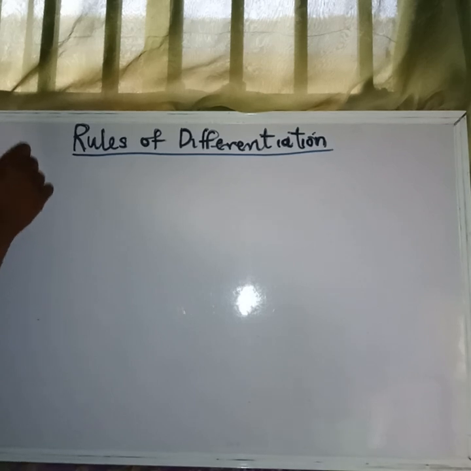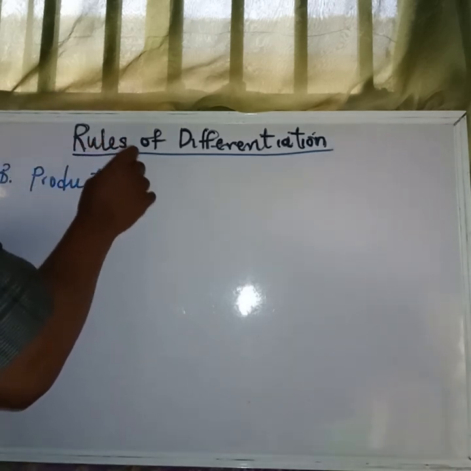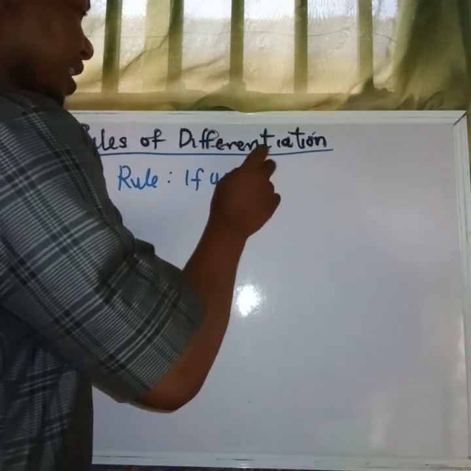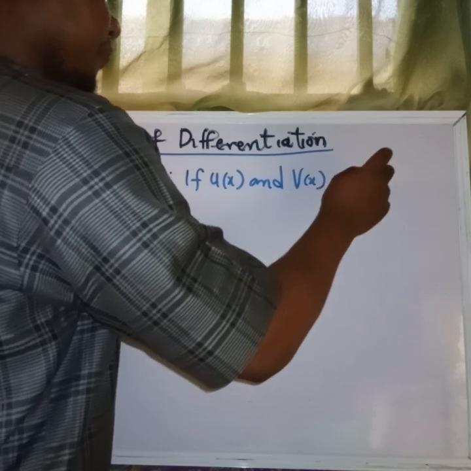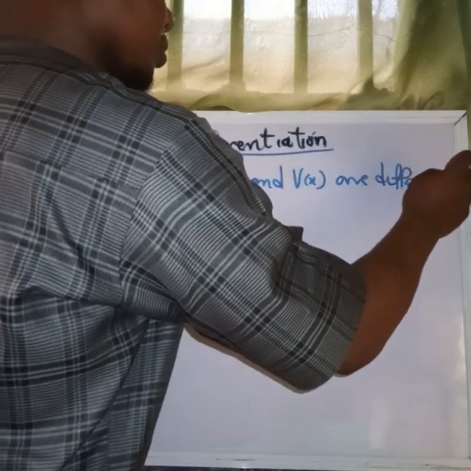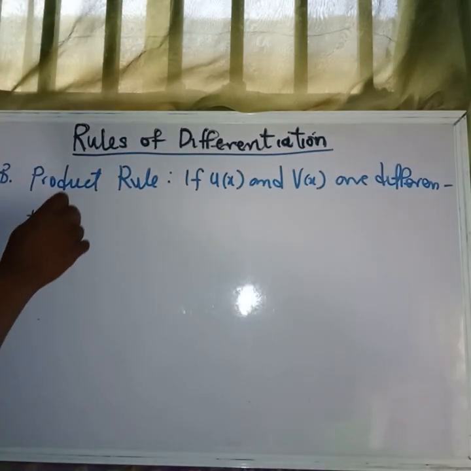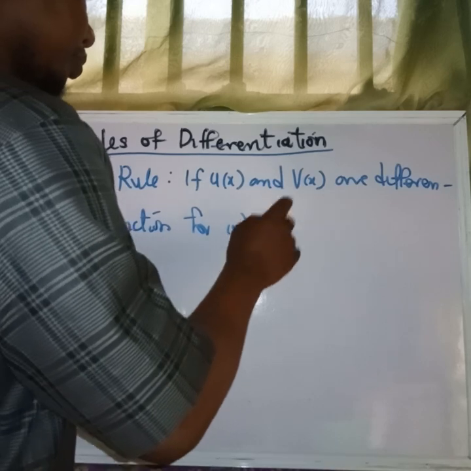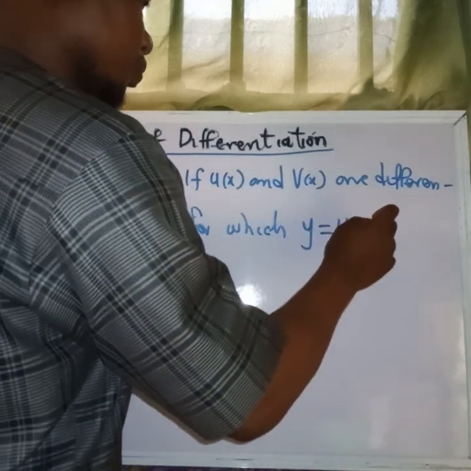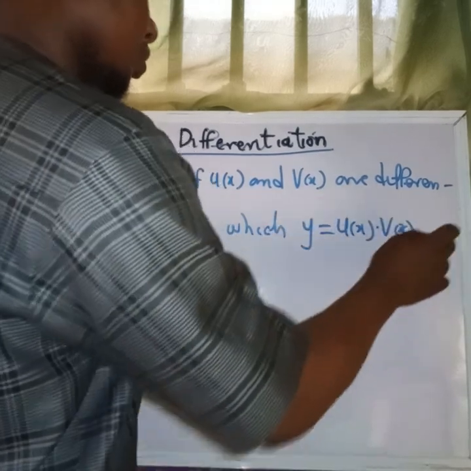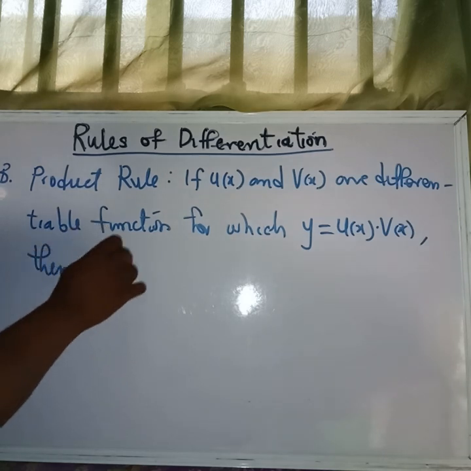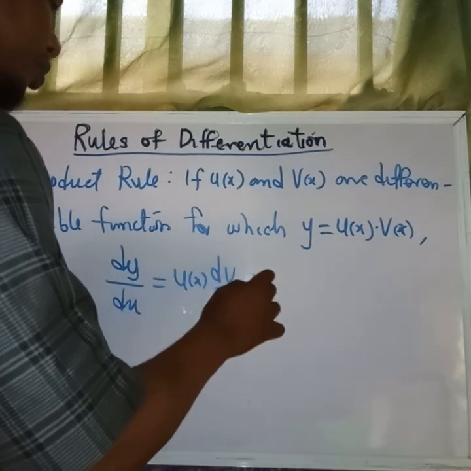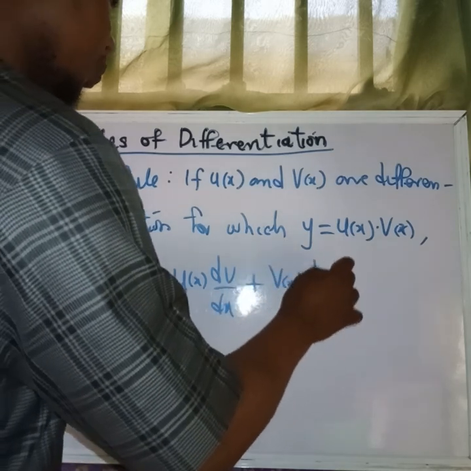So we label this B, product rule. Here we'll say if u of x and v of x are differentiable functions for which y is equal to the product of the two differentiable functions, then the slope of y with respect to x is u of x dv dx plus v of x du dx.